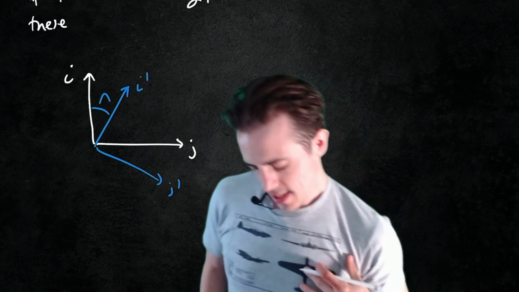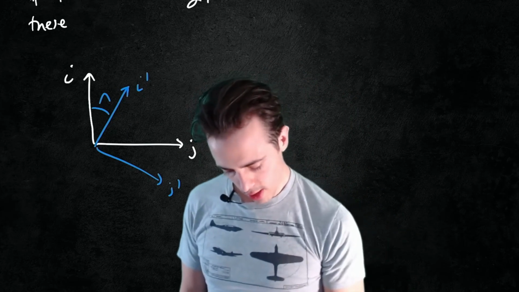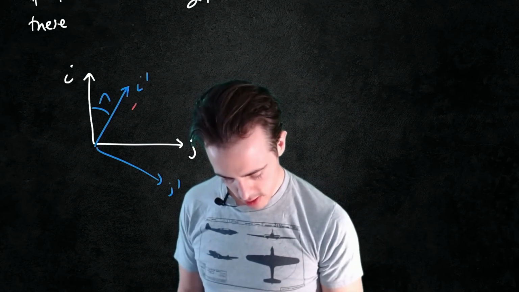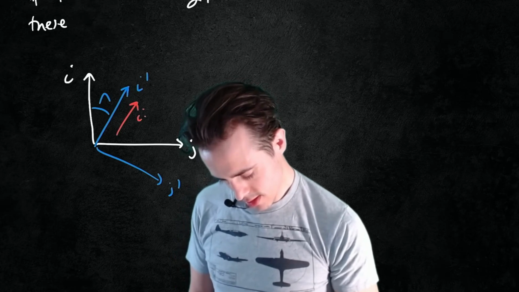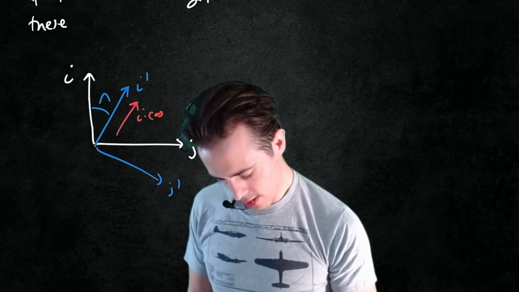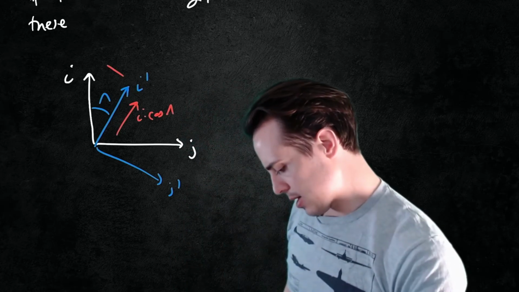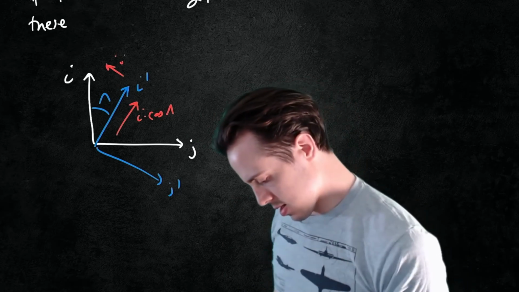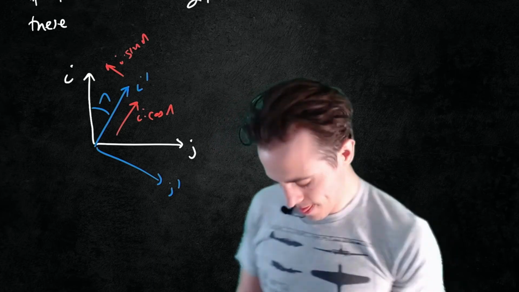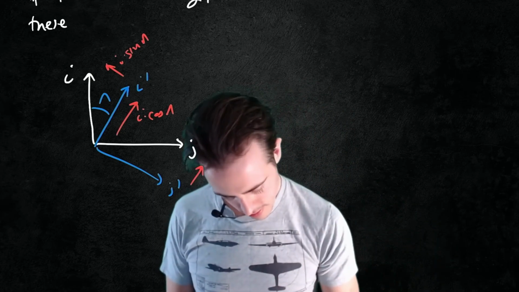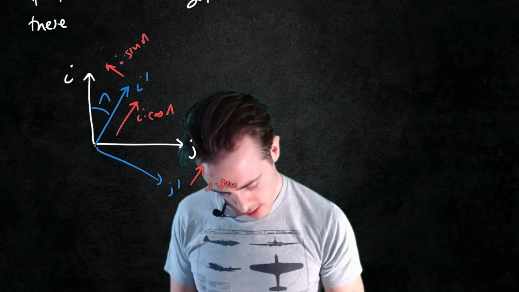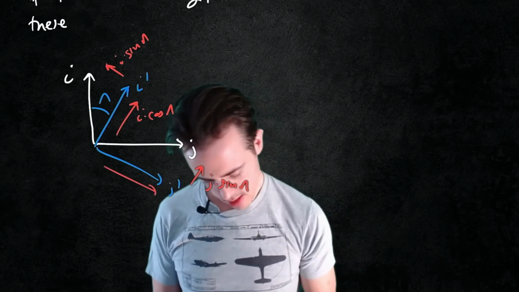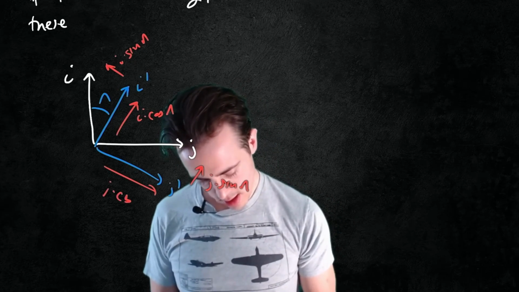So I've got i cosine lambda, i sine lambda, j sine lambda, j cosine lambda.